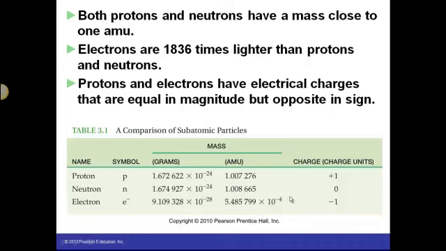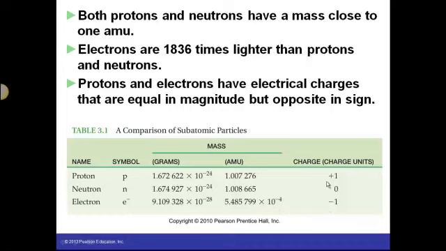And so they don't really contribute much to the atomic mass, and they're often just dropped entirely from the atomic mass equation. We only really derive the atomic mass from the number of protons and neutrons that are present. The number of electrons really doesn't affect the mass of the atom very much, so we don't count it in the mass.